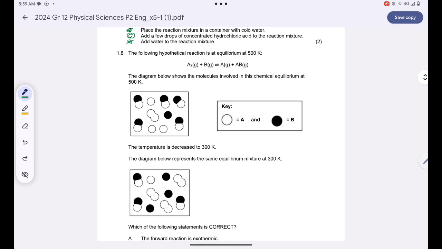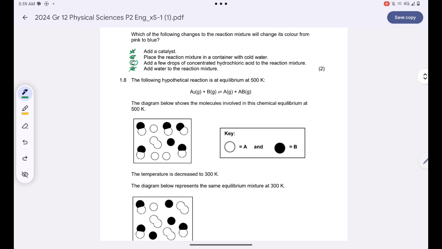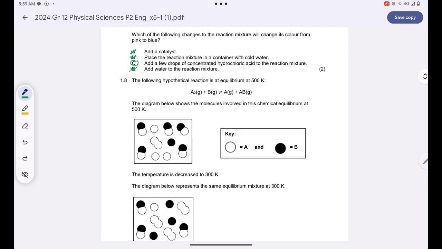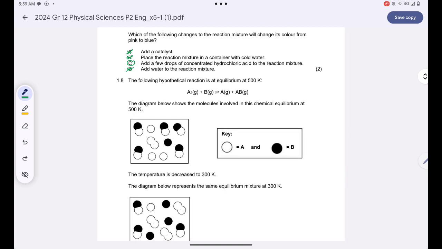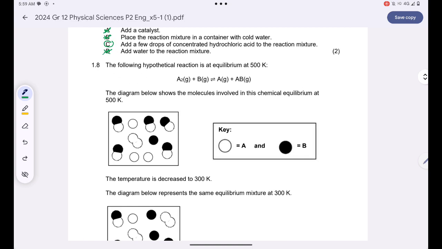Okay, and now we are told that the following hypothetical reaction is at equilibrium at 500 kelvins. So we do have our reactants and products over there. The diagram below shows the molecules involved in this chemical equilibrium at 500 kelvins.